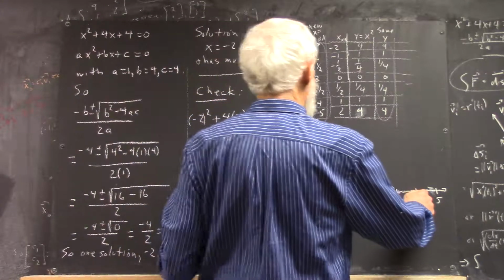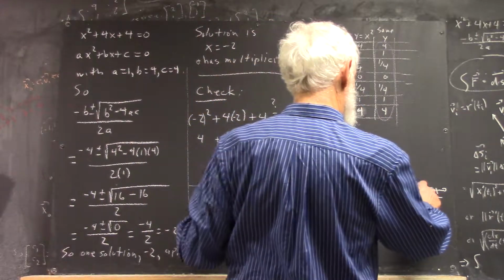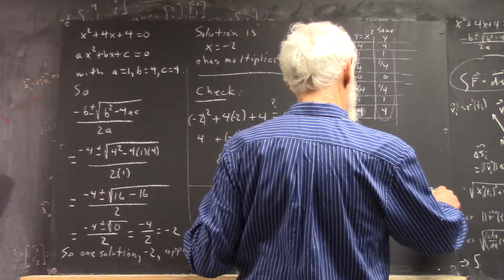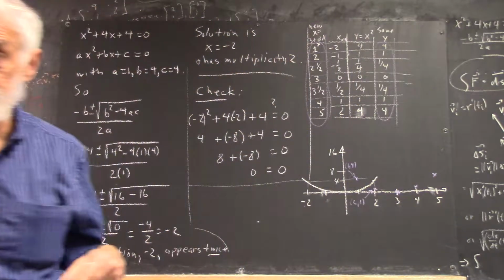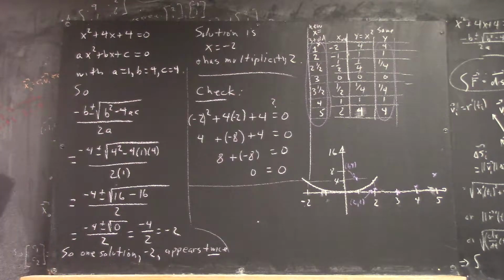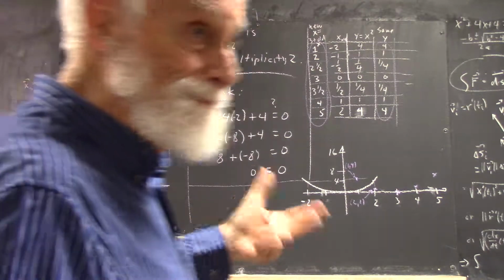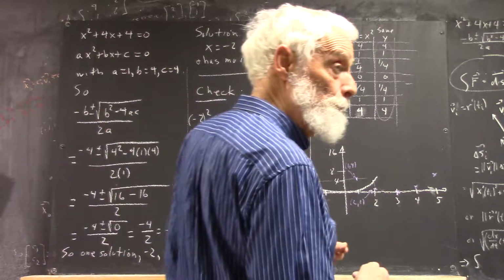And if I go to 4, my value is back up to 1. And if I go to 5, my value is 4. Does that make sense? You might not understand why we're doing this, but that makes sense. Okay?